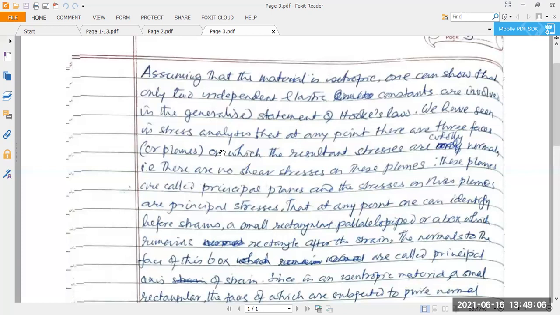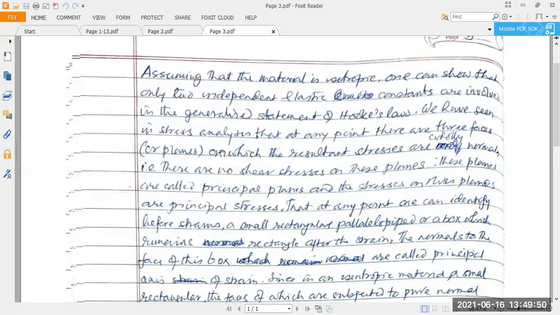When the planes of this box are the principal planes, the rectangular block remains rectangular after the strain, because it experiences only normal stresses in three directions, maximum, minimum, or zero. They all strain in the normal direction. There is no shear stress, so this rectangular block remains rectangular. It does not get disturbed or take a parallelogram shape.